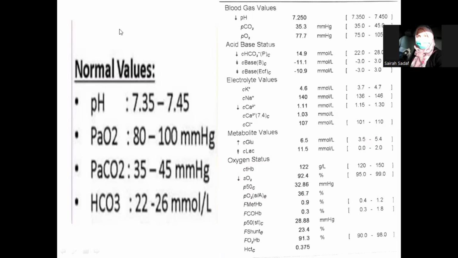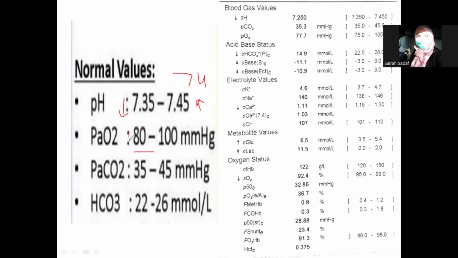Okay, these are the normal values of the ABGs. Let me use the pointer. We take 7.4 pH as the average, the mean value, and when the pH goes below 7.35, we call it acidosis, and when pH is above 7.45, we call it alkalosis.